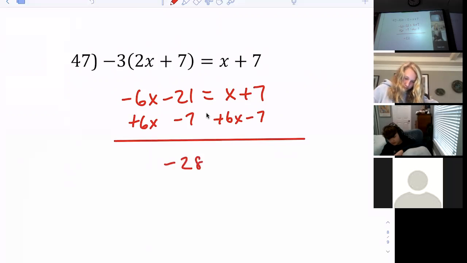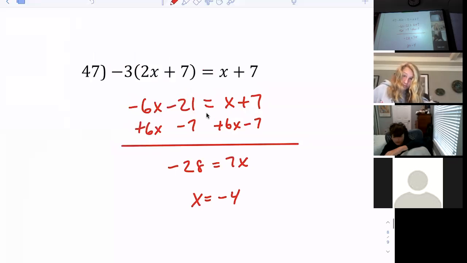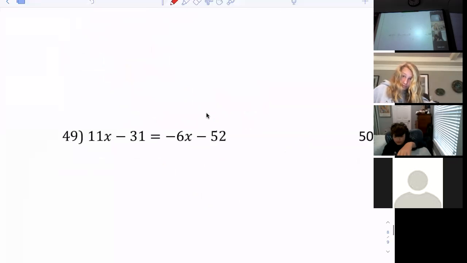Negative 28 equals 7x. So x equals what, guys? X equals 4. No, it's negative 4. Thank you. X equals negative 4. Again, most of the mistakes are negatives. All right, here we go, guys. Come on, chop, chop.